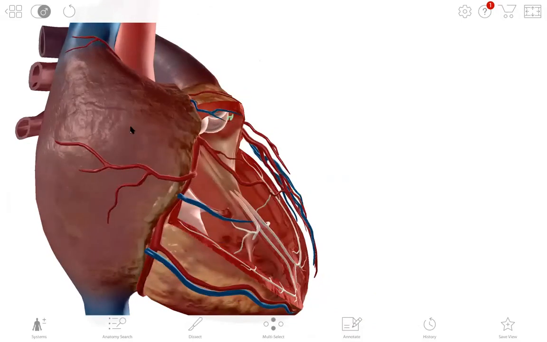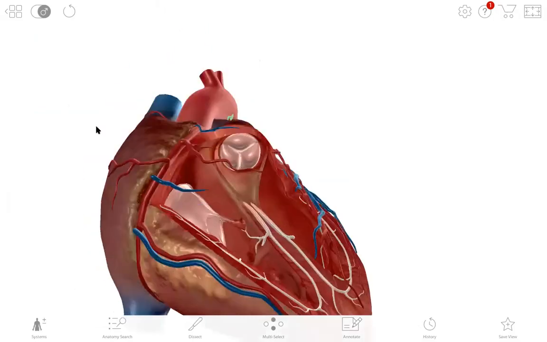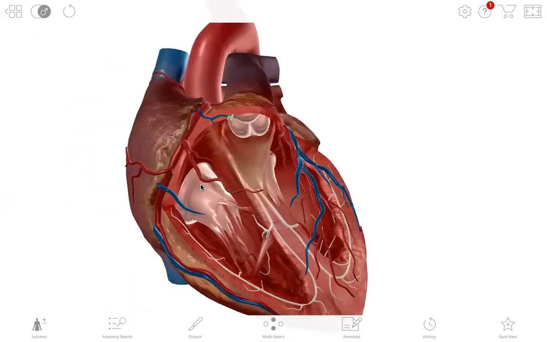And this chamber collects the venous blood. From the right atrium, the blood passes through the right atrioventricular opening, which consists of the tricuspid valve, having 3 cusps, and the blood goes to the right ventricle.